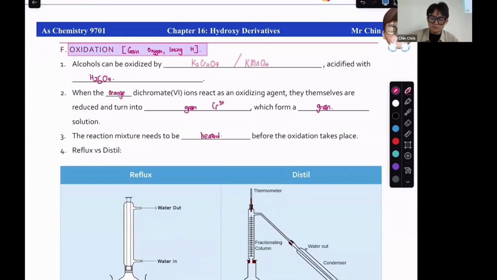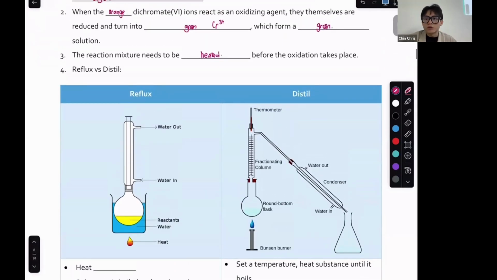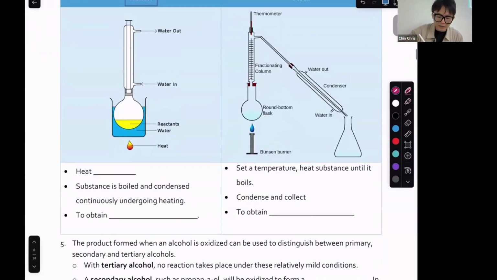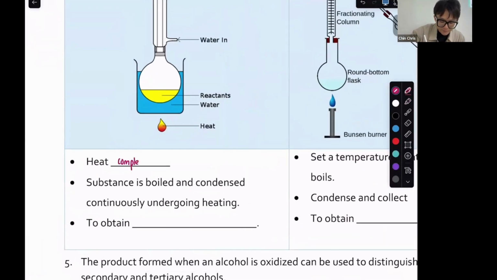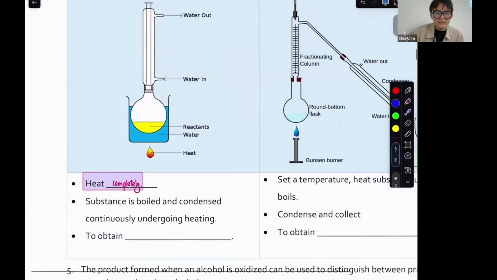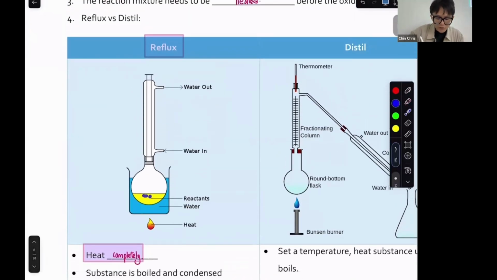Right now, heat. You need to know the difference between a reflux and a distillation. What is a reflux? For reflux, we heat it completely, until everything turns into product. For example, if you heat alcohol, a volatile liquid, the alcohol is going to turn into a gas. Then you put a condenser to condense it back into liquid, then you heat it again.